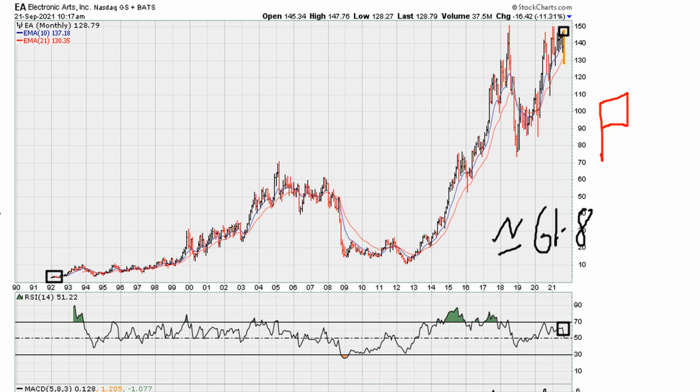But wait, there is more. You take the top side of the monthly chart without any type of adjustment. You hit resistance here and here for the monthly highs there and there. Oh, but wait, there is still more.